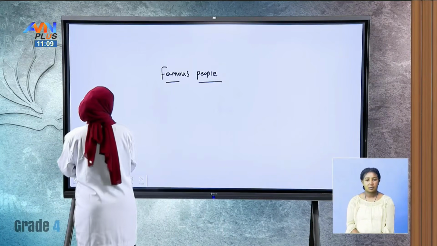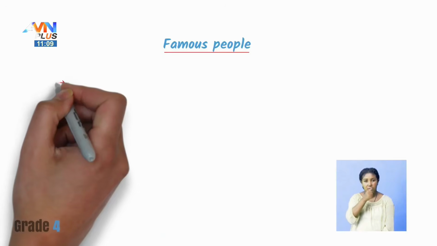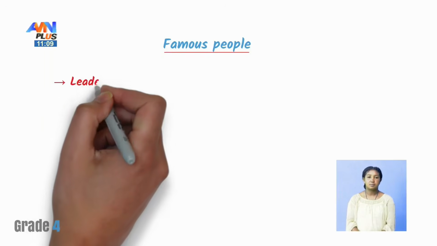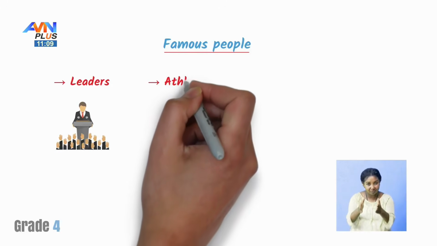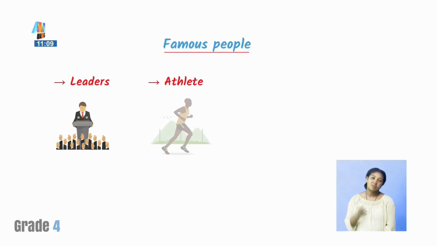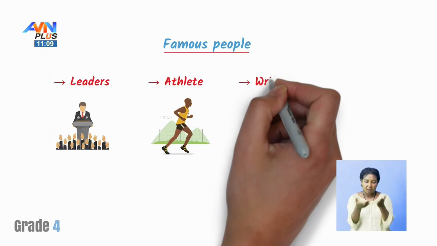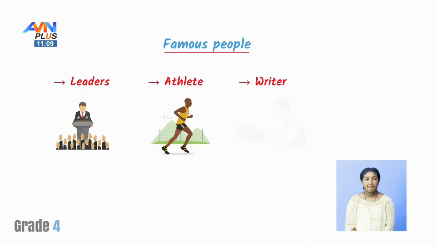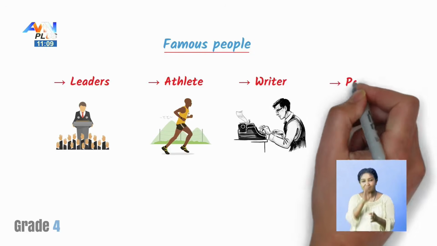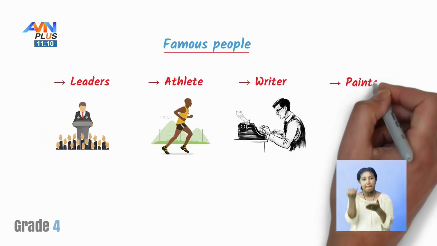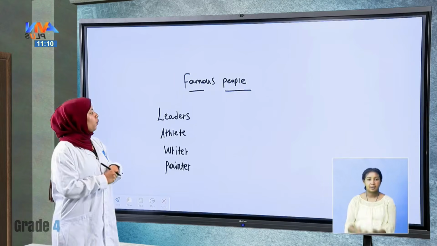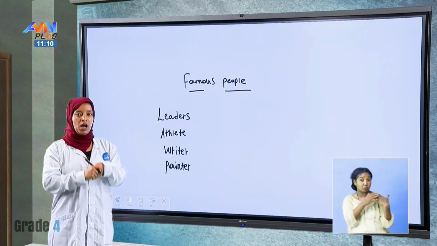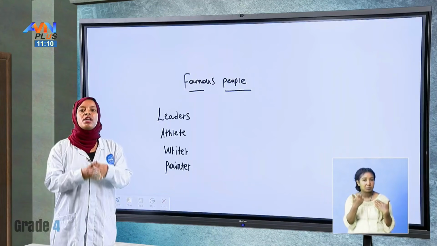When we come to famous people in Ethiopia, maybe they are leaders, maybe athletes, and also writers, and we also have scientists and painters. Leaders are those who lead our country, like prime ministers and presidents.